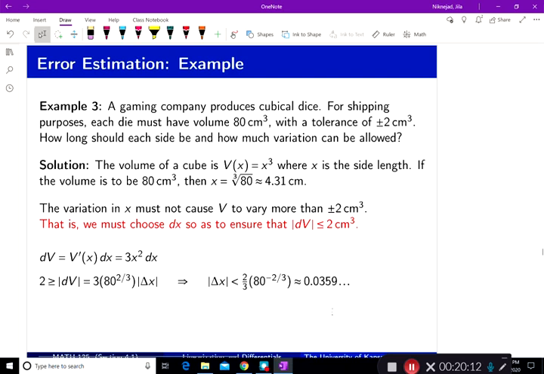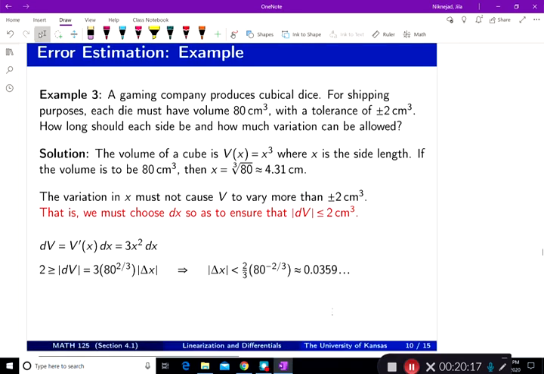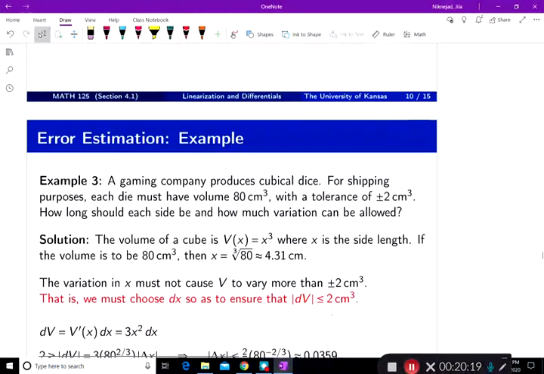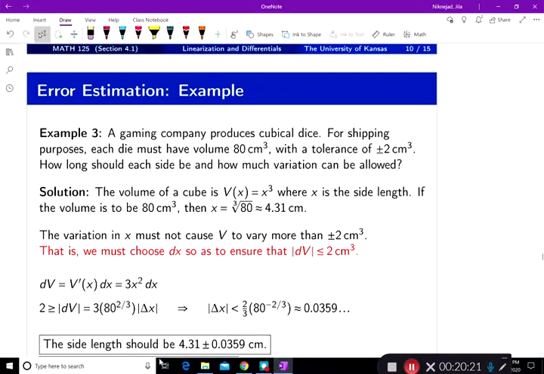So the error in measurement of the length should be pretty small, and the design length should be between, again, this was the value that we found from the output measurement, and this is the value that we found using the tangent line in the error. And so the side length should be that plus or minus this value.